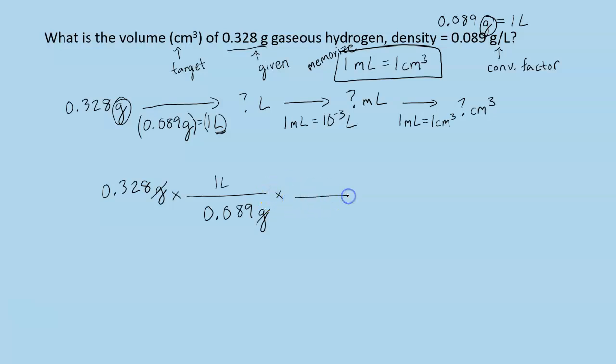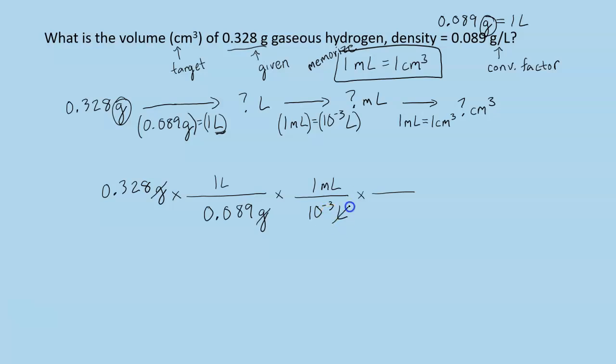Multiply again. Now I'm on to the second arrow where I'm converting between liters to milliliters. To the left of the arrow, I have the liters. So I'm going to find liters in the conversion factor and place that underneath the fraction, 10 to the negative third liters. And that forces the other part of the conversion factor, 1 milliliter, to go on top.